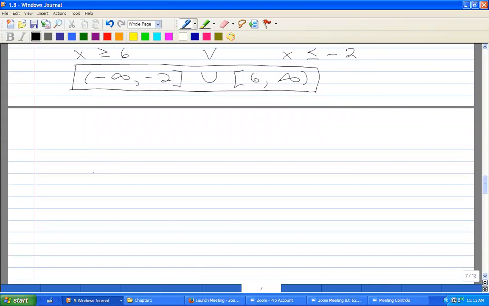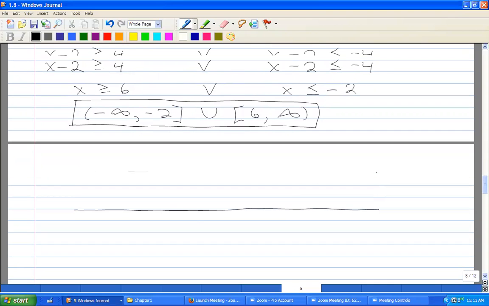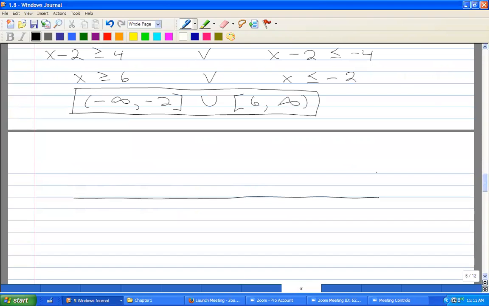So this is x is less than or equal to -2 or greater than or equal to 6. So we are equal to 6.